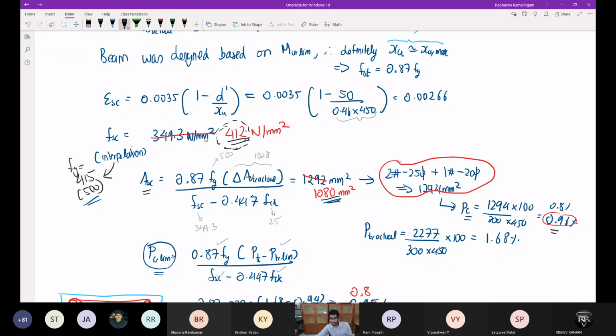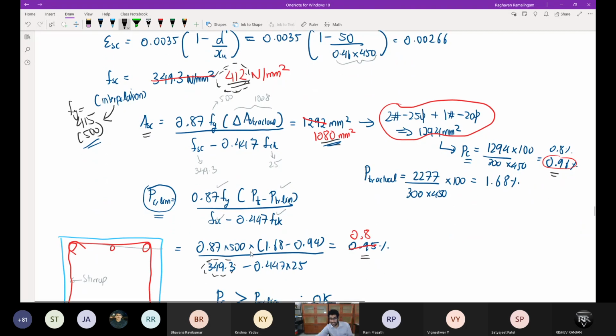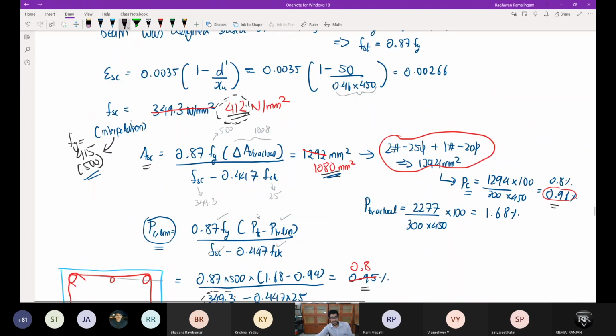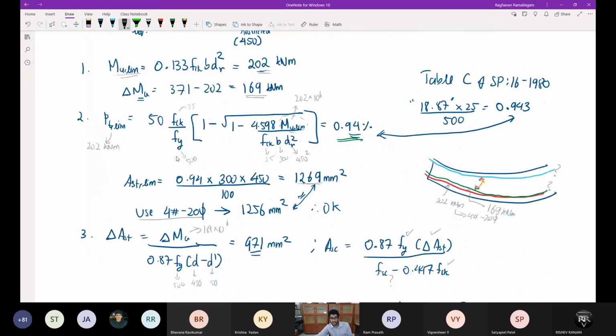Then I corrected it, seeing that the actual steel is FE 500, not FE 415. From that I got PC limit as this, and the PT limit we use over here, 0.94, was found correctly. I had used 500 only. It's correct only. Okay.